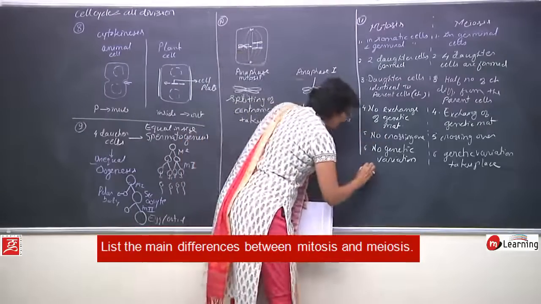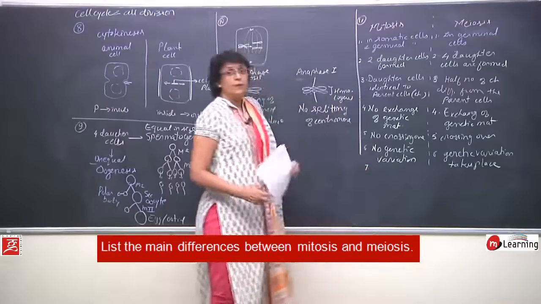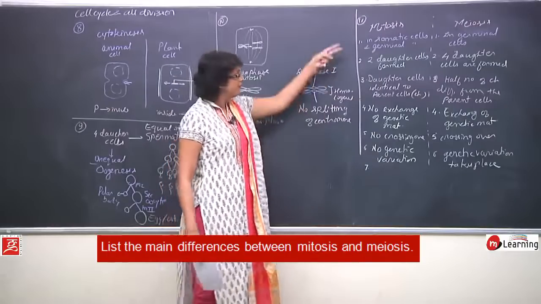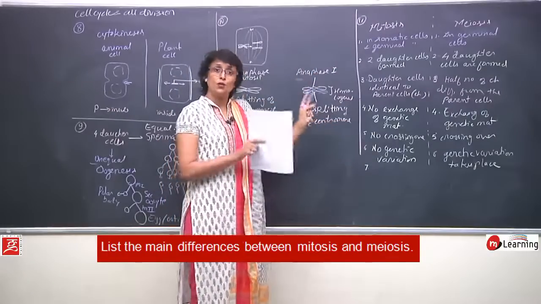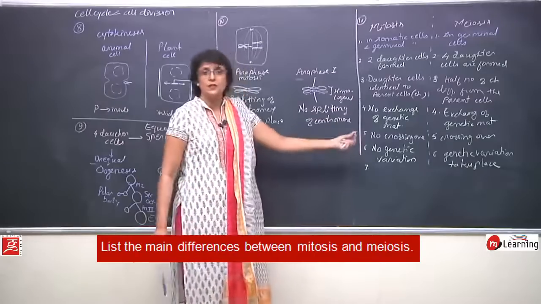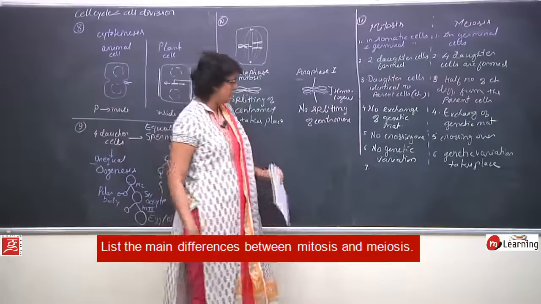So that could be additional points, but we must always remember that whenever we are writing differences, the first differences should be the most important differences, and then to increase the number of differences we can come to some generalized differences also.